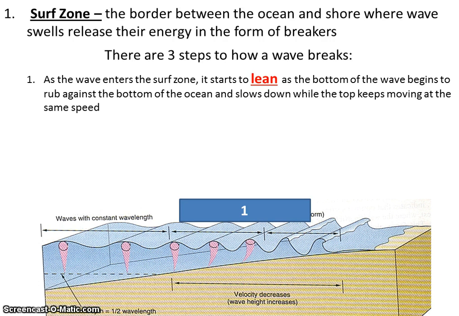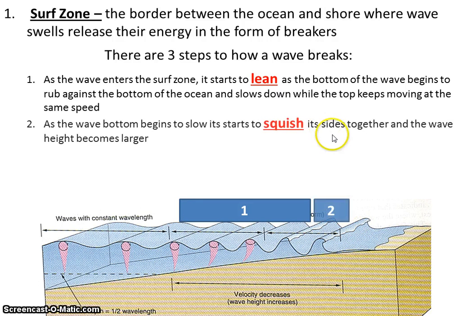A lot of things lean and they don't fall down. The Leaning Tower of Pisa leans, it doesn't fall down. So you need more than a lean in order to get a wave to break. And that comes in this second stage, a squish. As the bottom of the wave slows down, these other waves behind it are still moving at the same speed. And so these other waves start slamming into the backside of this slowed down leaning wave. That causes the wavelength of this slower moving wave to shorten.